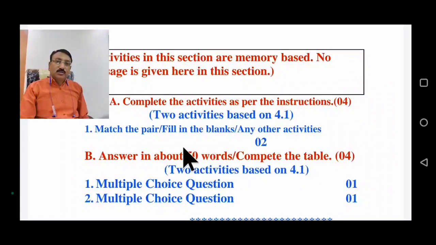Students are advised to complete all the activities before time, so that you may have 10 minutes to ensure whether you didn't miss any single activity in the activity sheet.